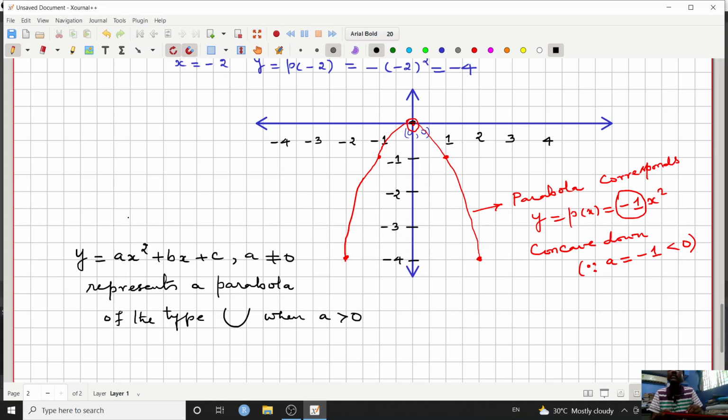That is, when the coefficient of the x square term is positive. And it represents a parabola of the other type when a is less than 0.